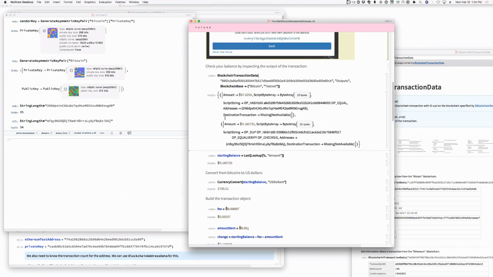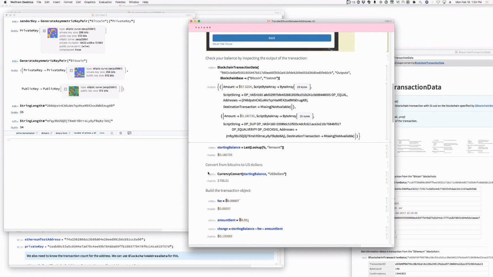In reality, that will usually belong to another person, but in this case, it's just for you to test how you transfer Bitcoins between two addresses owned by you. Okay, well, so check your balance by inspecting the output of the transaction. That's what we just did.